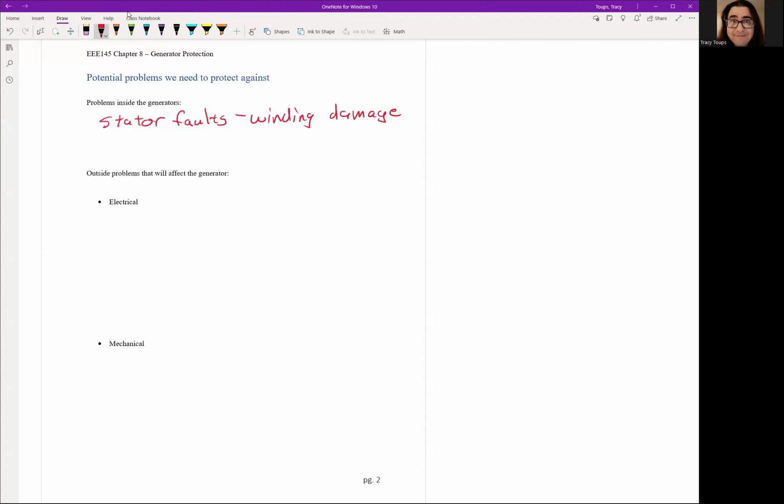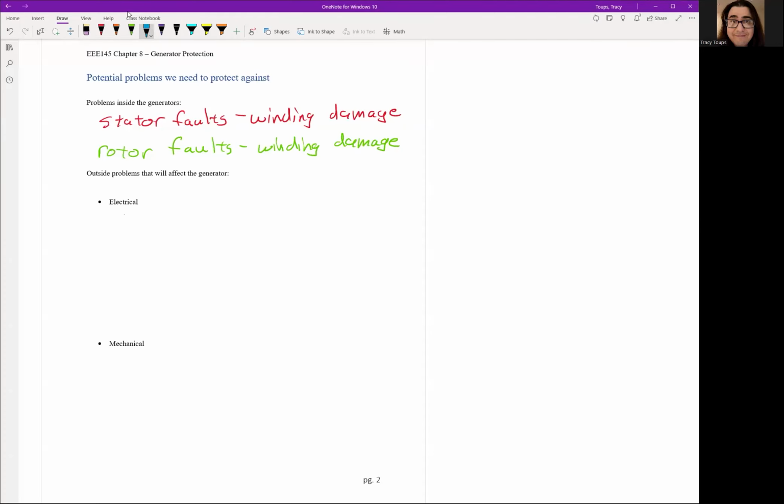Then you won't be able to create that electric field anymore, and your generators will just not work. Then you have the other main fault called rotor faults. Again, this is more winding damage, and this is a big deal because once you have winding damage, you're going to have to start replacing things. So that's internal to the generator itself.